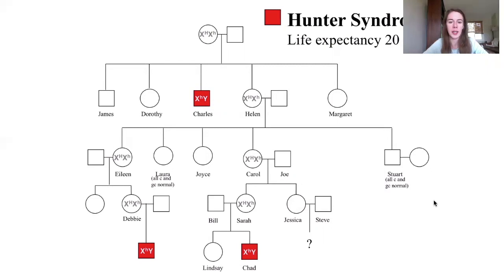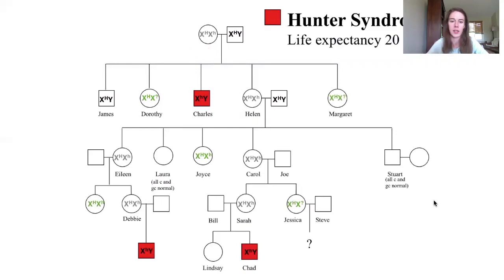Any woman that are ancestors of the men that have it are going to be carriers. So all of the females that are like the mom, grandma, great-grandma, great-great-grandma of Chad are going to have the allele. They're the ones that, even though it's like 4 generations later, still were carrying it, and they passed it on to Chad.